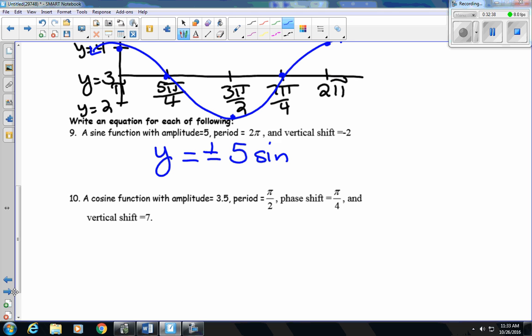Then we do not need parentheses. Now let's look at the period. The period is supposed to be 2 pi, so what should the value of b equal? So this is just going to be theta, or your angle notation. Now I just need to apply a vertical shift down 2. Took care of all those parts.